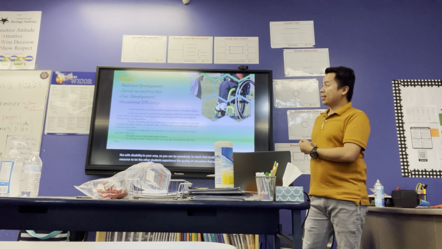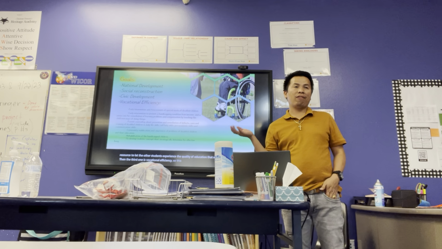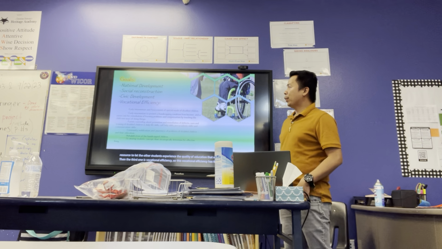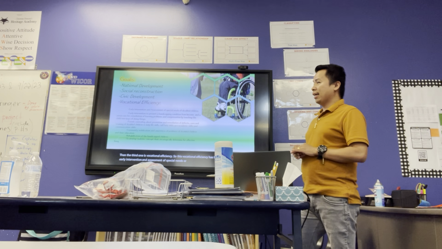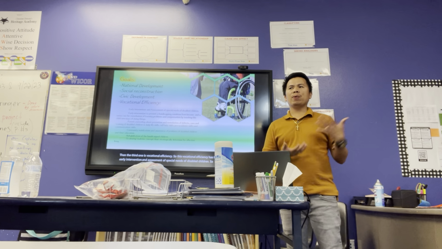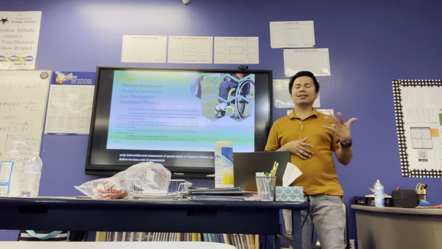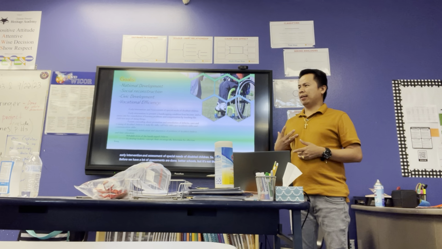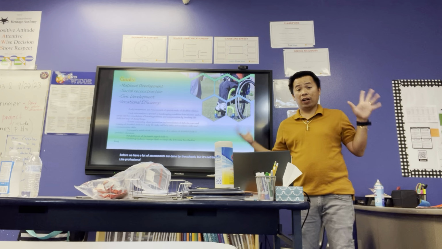Then the third one is vocational efficiency. This vocational efficiency has the following. Early intervention and assessment of special needs of disabled children. Before, we had a lot of assessments done by the schools, but they were not professionally done.